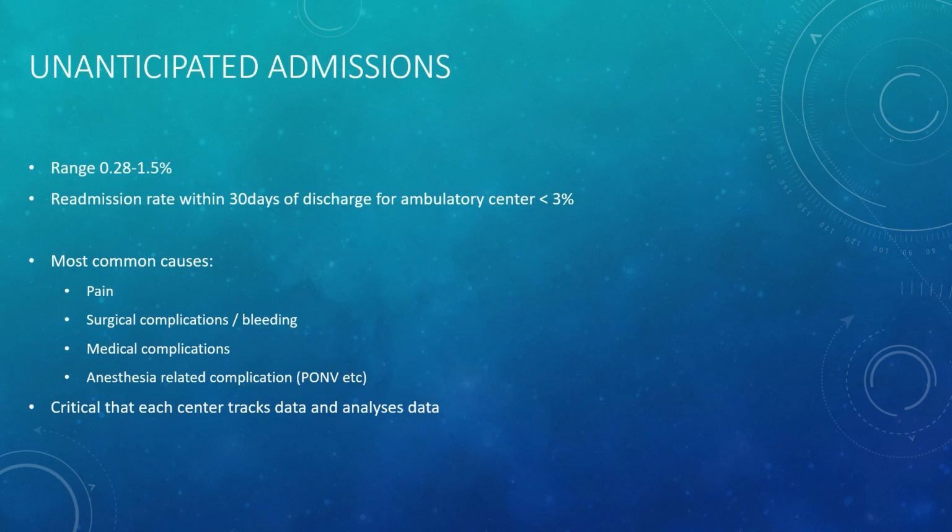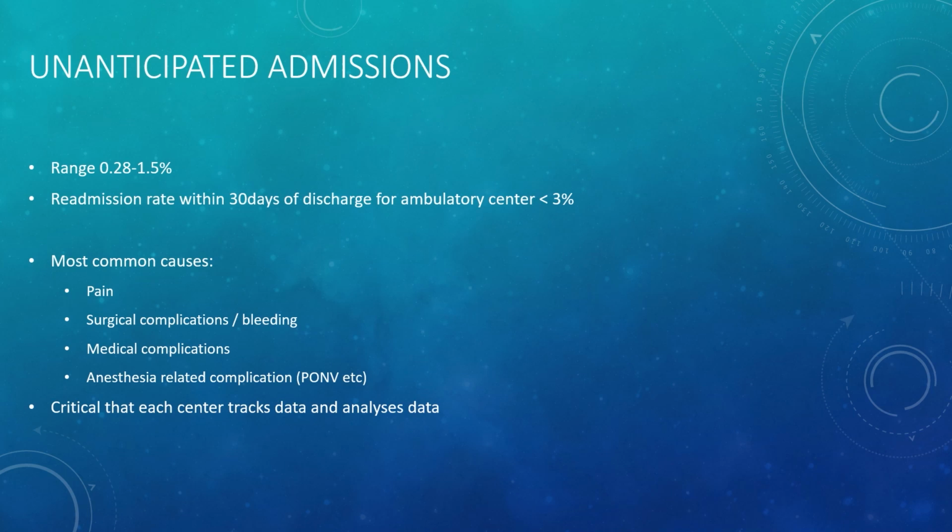Unanticipated admission is really the one thing we want to avoid, because we lose all the benefits of our ambulatory surgery centers and office-based surgery. Based on national data, the accepted range is 0.28 to 1.5%, depending on what kind of surgeries you do. The readmission rate within 30 days of discharge from an ambulatory surgery center should be less than 3%.